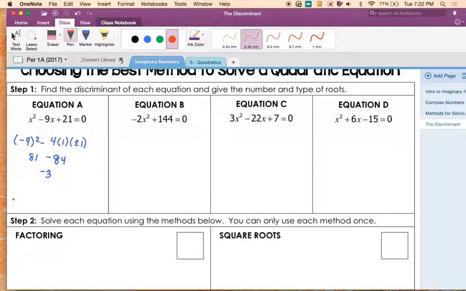Negative number means it's less than 0, so we're going to have 2 imaginary or complex. Okay? All right, so find the discriminant for the next 3 and then identify the type of roots. Pause the video now.